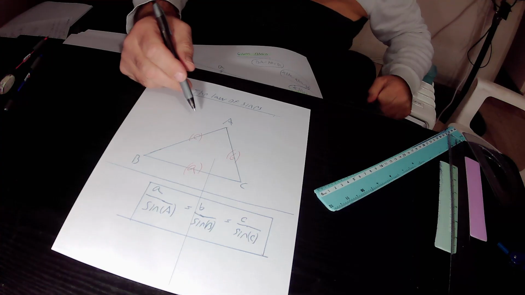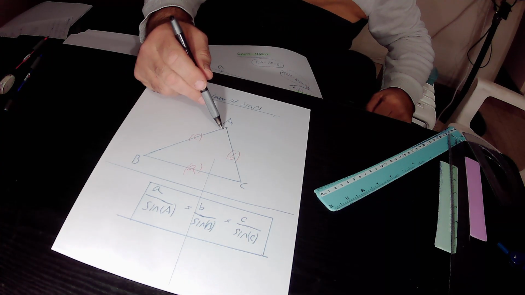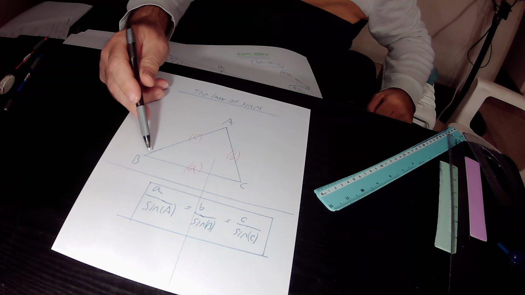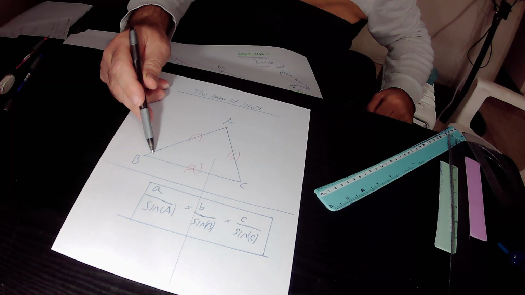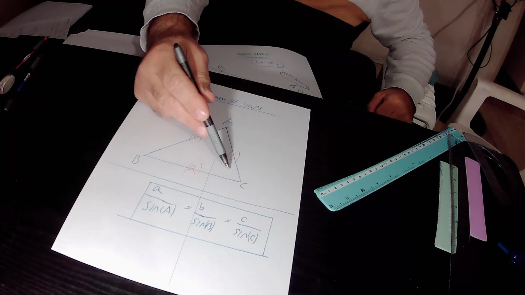In addition, this angle BAC is equal to capital A degrees in size. This angle ABC is equal to capital B degrees in size. And this angle ACB is equal to capital C degrees in its size.